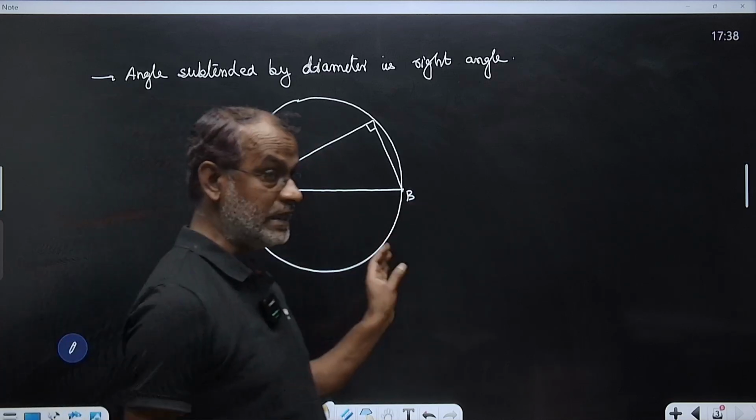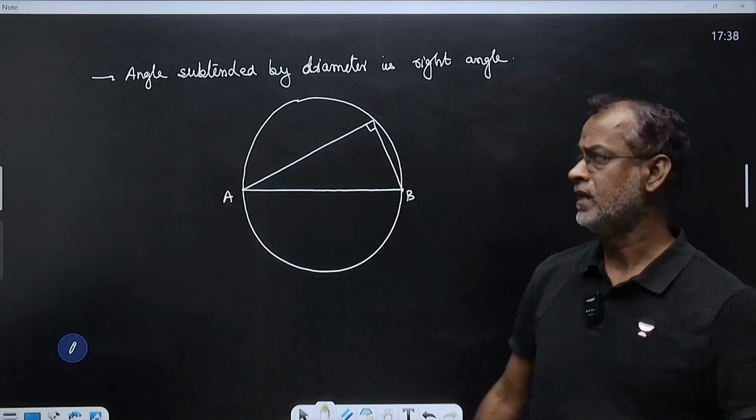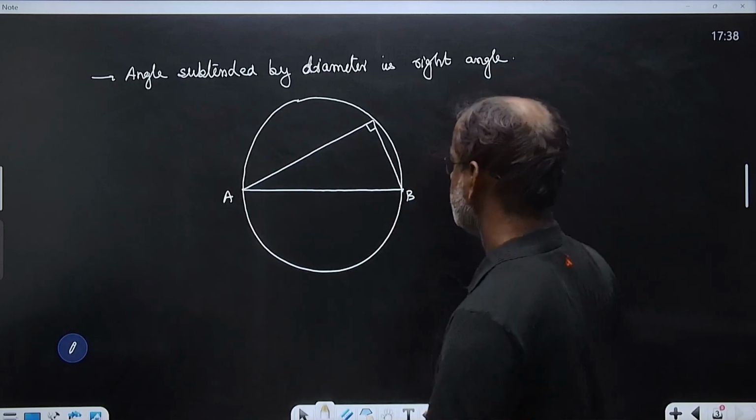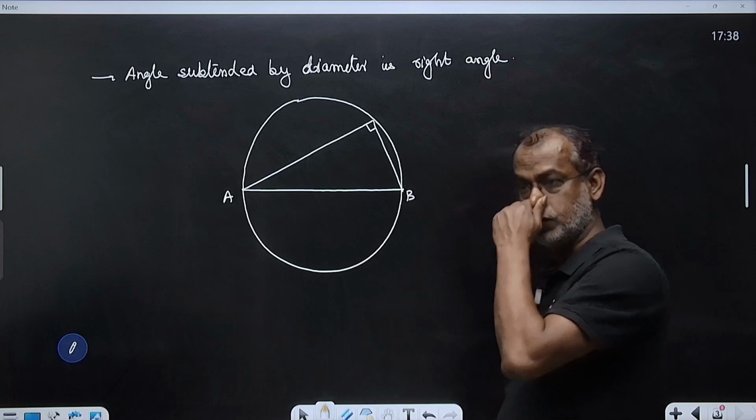So please remember this: angle in the semicircle is a right angle, angle in the semicircle is a right angle, that is what is also said.